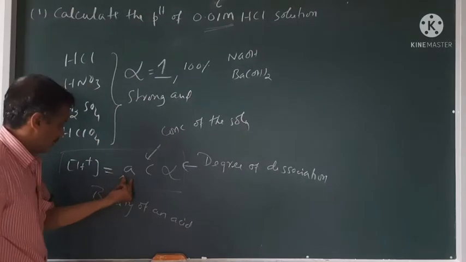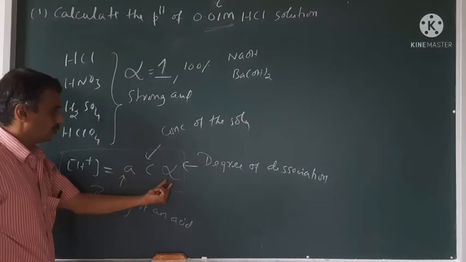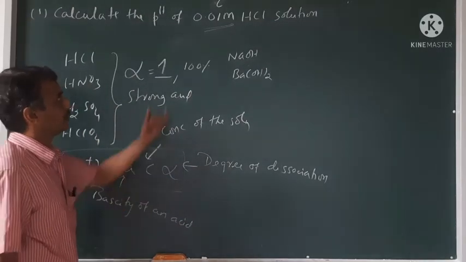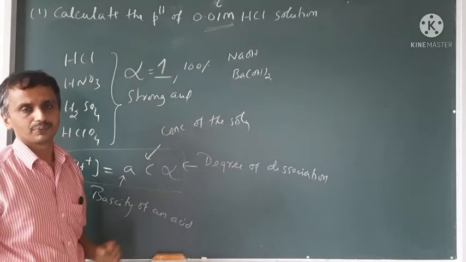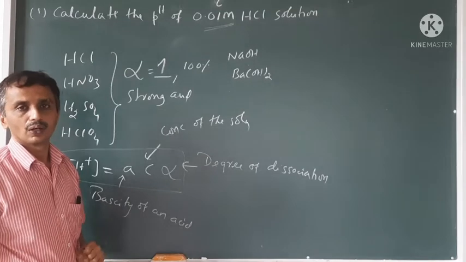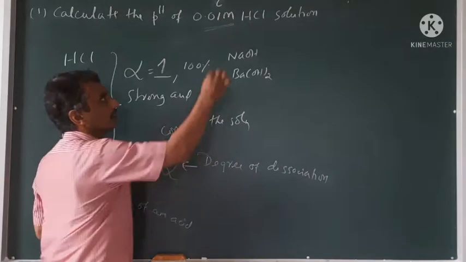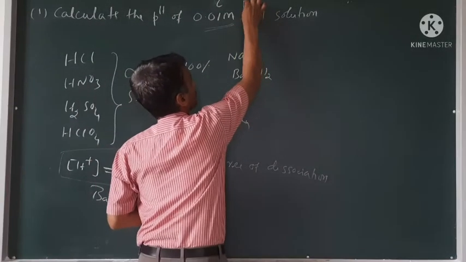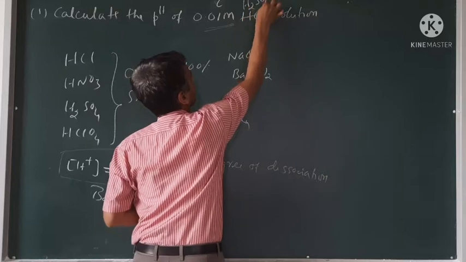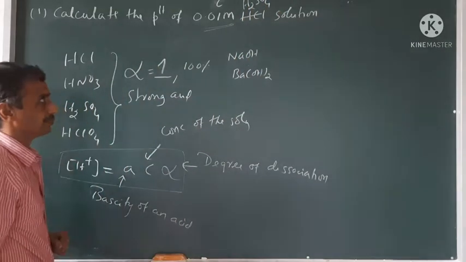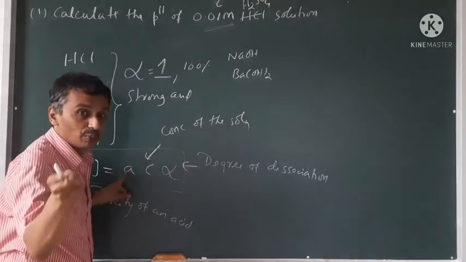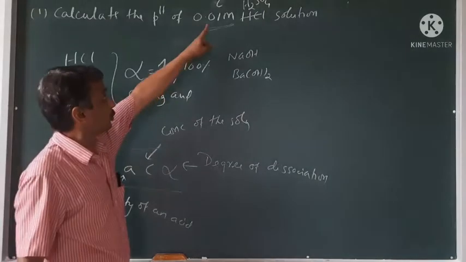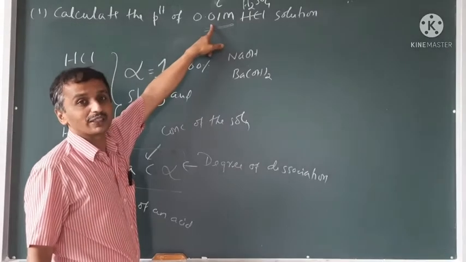So 1 into C into 1, and 1 into 0.01 into 1, which is 0.01 only. Whereas if it is sulfuric acid, not a problem. If it is sulfuric acid, then A value becomes 2. So 2 into this will be the H plus ion concentration.